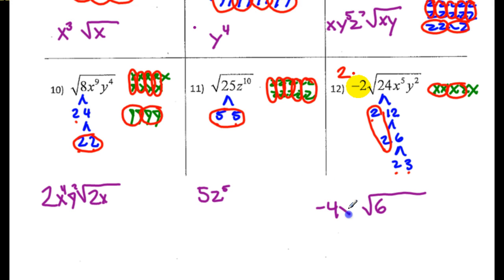So when x comes out, it's x squared. 1 x stays in. And then y squared is y. That's 1 pair of y, so it's just y when it comes out. Nothing left inside.